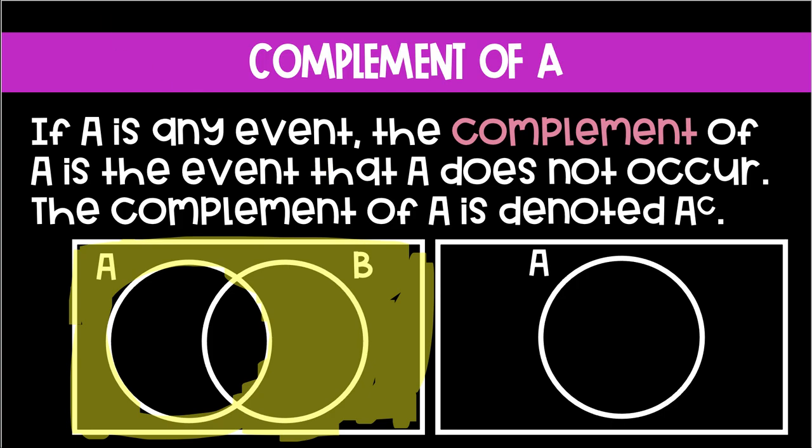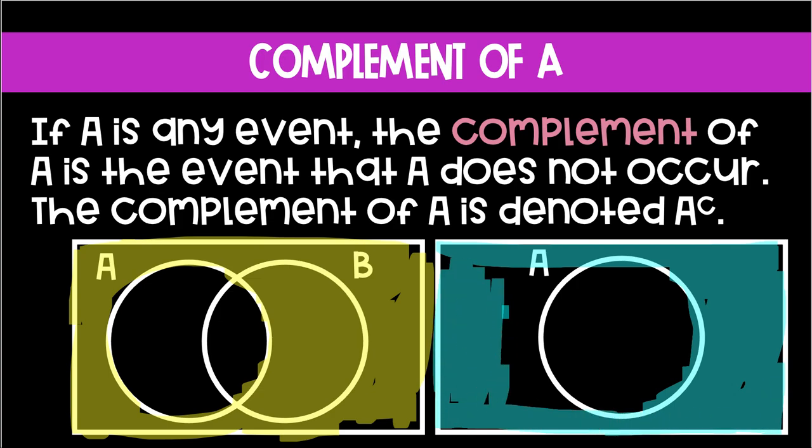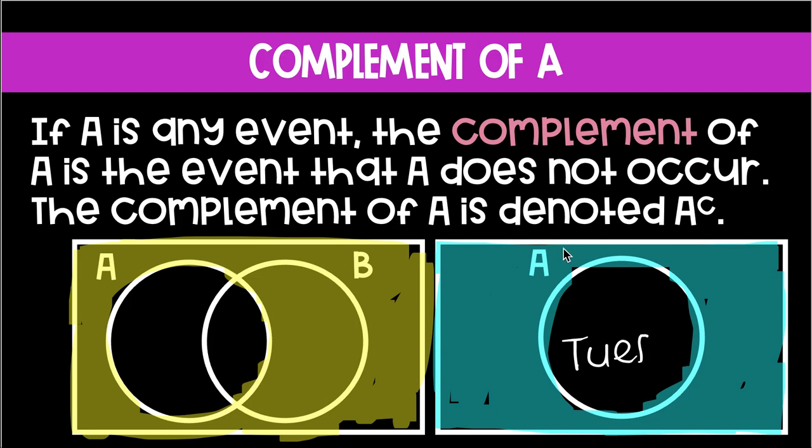If you have multiple events, it's still everything outside of A. If you have only the event A, well, the remainder, whatever is not A, the probability of not A happening, it's the complement. For example, if we have the event of A being today is Tuesday, the complement would be every other possibility.